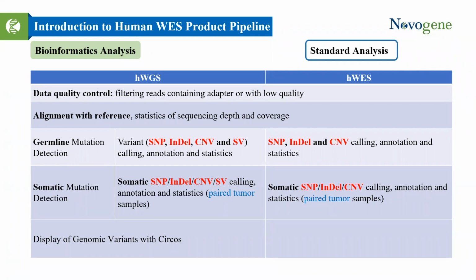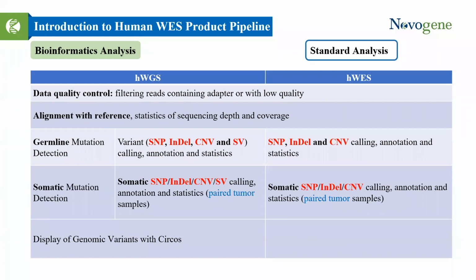For germline mutation detection, we call the variants including SNV, indel, CNV, and SV for human hWGS, and SNV, indel, and CNV for human hWES. Then the next step is to annotate the variant codings and do statistics.